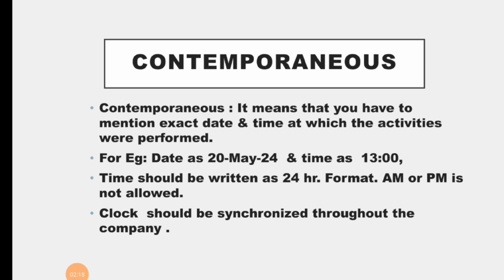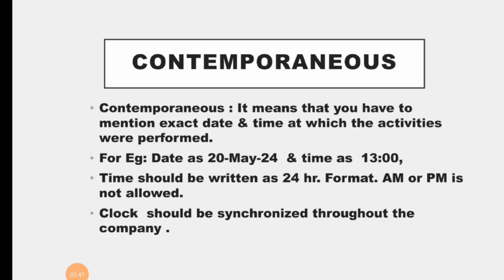We talk about contemporaneous. Contemporaneous means that we have to mention the exact date and time at which the activities were performed. For example, date as 20th May 2024 and time as 13:00.